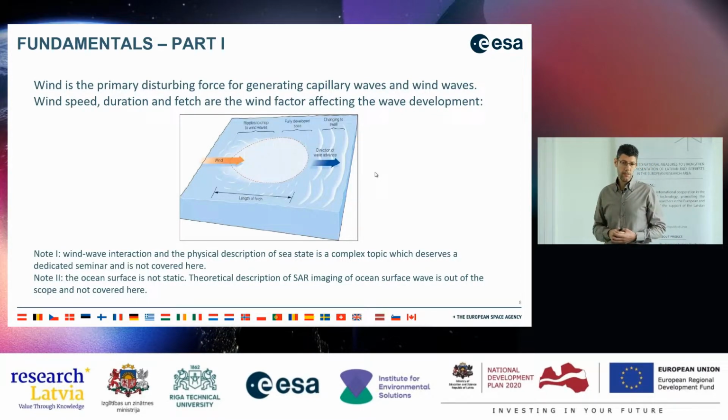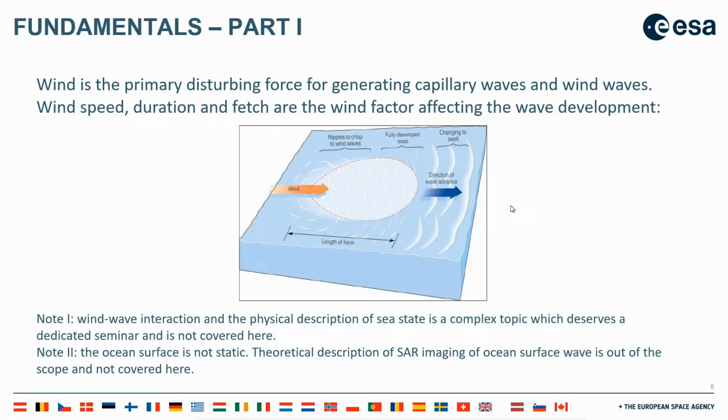Wind is the primary disturbing force for generating so-called capillary waves and wind waves. So here is a little description of how it works. If you have wind blowing for a certain period of time in a certain location in the same direction, it starts to transmit this energy to the ocean surface.